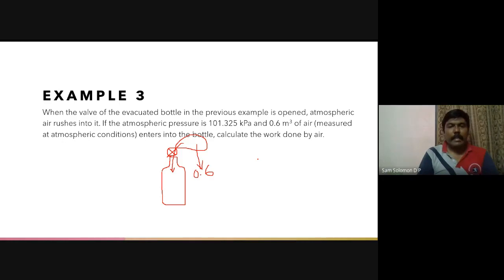And they're asking us to find the work done by the air inside the balloon when the air rushes into the bottle, which means this 0.6 is going to become 0 in case of the balloon, and in case of the bottle, the volume of the bottle will not change, but the volume of the air inside the bottle will move from 0 to 0.6.